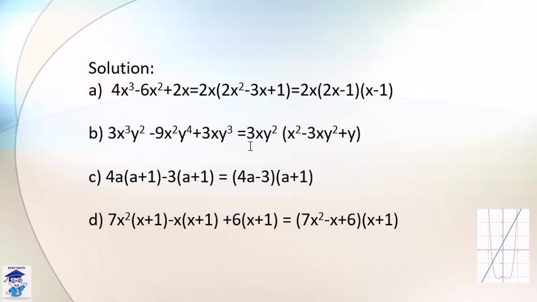And so this final answer is 3xy squared times x squared minus 3xy squared plus y.